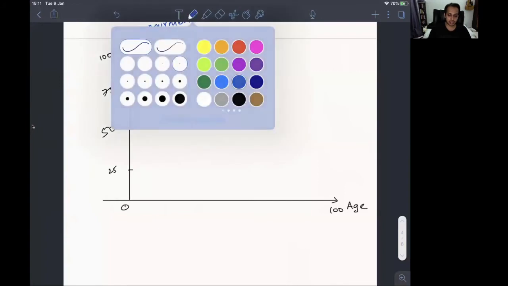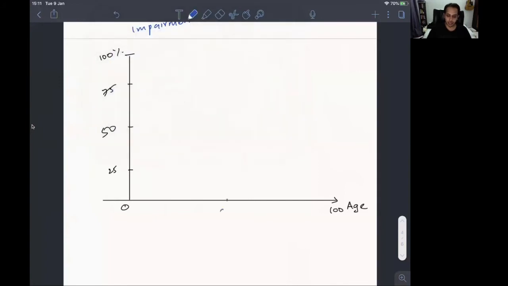So let's take dementia first. If at the age of 50, 60, 70, 80 years and 90 years, MCI and dementia will be very less till the age of 60.